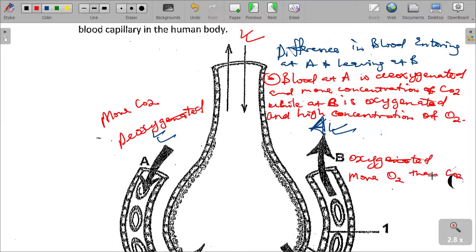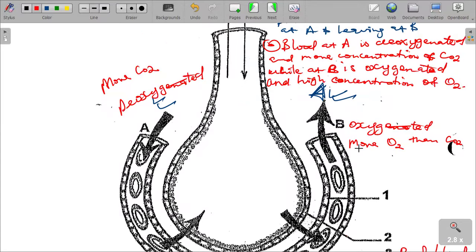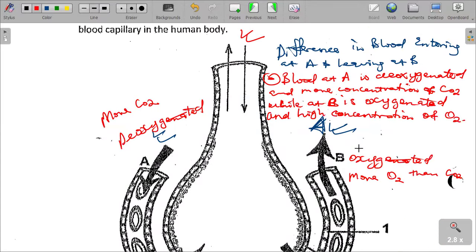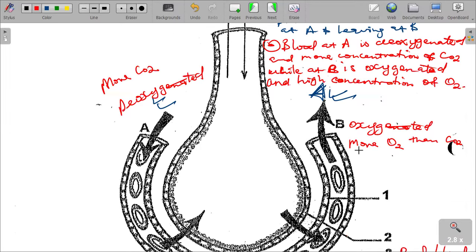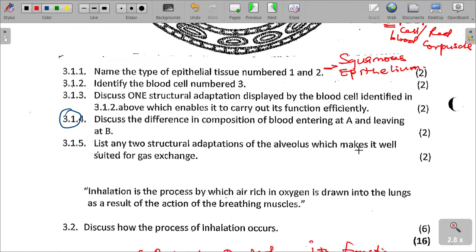So as you can see, that is the difference in blood entering at A and leaving at B. At A is deoxygenated blood with a higher concentration of carbon dioxide, while at B it is oxygenated with a high concentration of oxygen. So that's the difference.